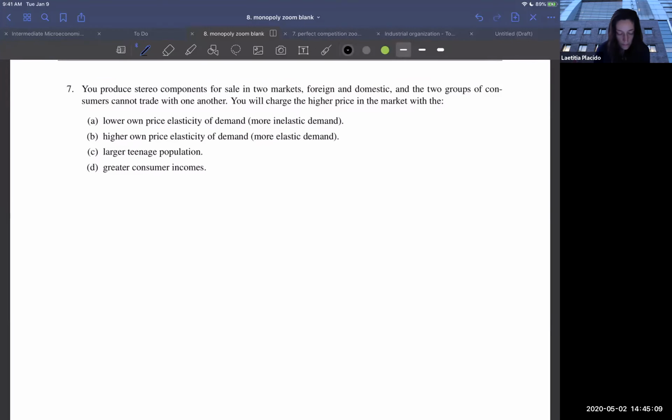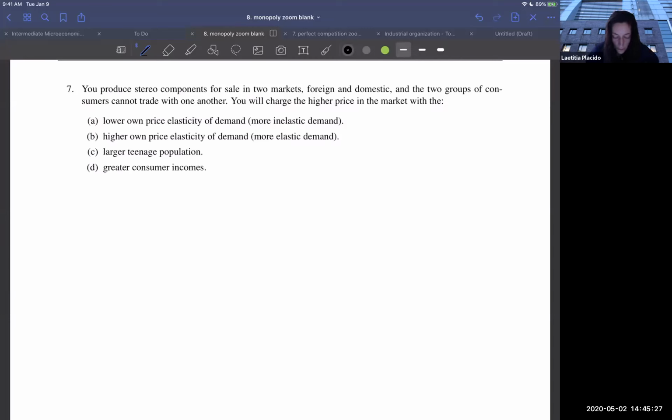So question 7. You produce stereo components for sale in two markets, foreign and domestic. Again, here you have two groups of customers, foreign and domestic, and they cannot trade with one another.